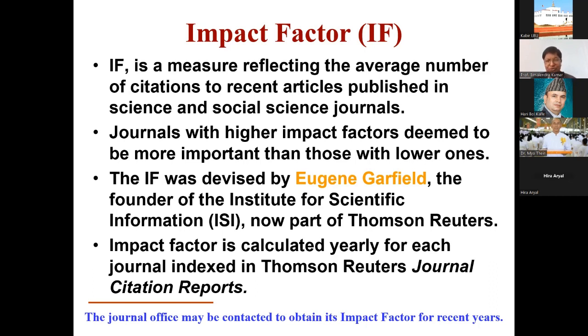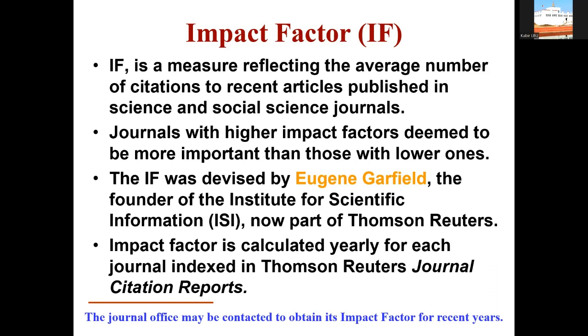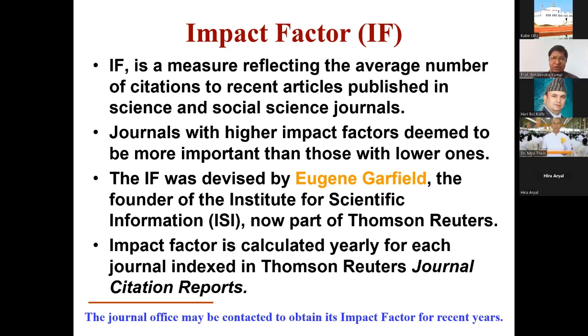In India, the University Grants Commission publishes from time to time the UGC CARE list of journals, and those journals which are not performing very well are excluded from the list. So based upon the impact factors, the lists of journals are prepared by the University Grants Commission, especially in the field of science and technology.